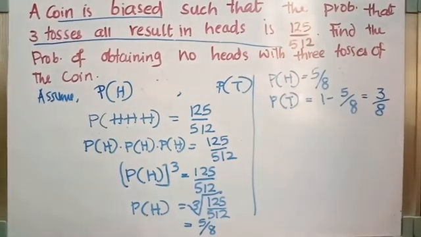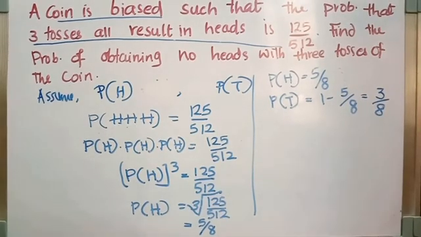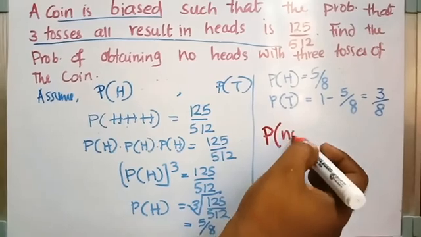Now the result we required is probability of no heads with 3 tosses.